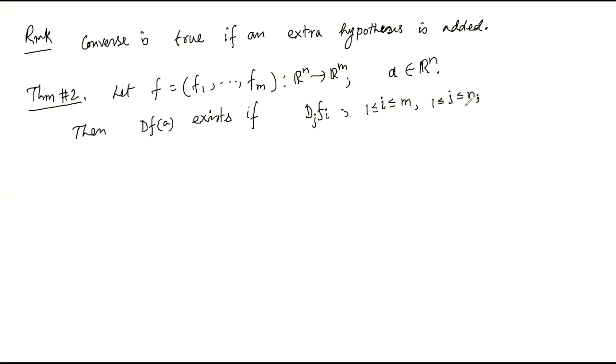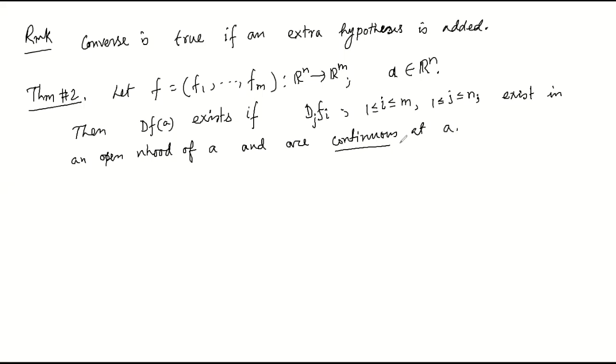So the derivative of f at the point A exists if all the partial derivatives of the component functions exist in some open neighborhood of A and are continuous at the point A. So this is the additional condition.